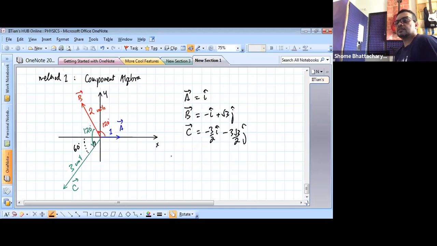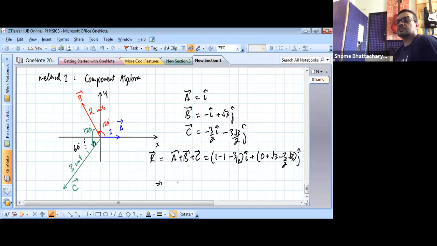So now we can see that the resultant will be equal to 1 minus 1 minus 3 by 2 and 0 plus root 3 minus 3 by 2 times root 3 J cap.